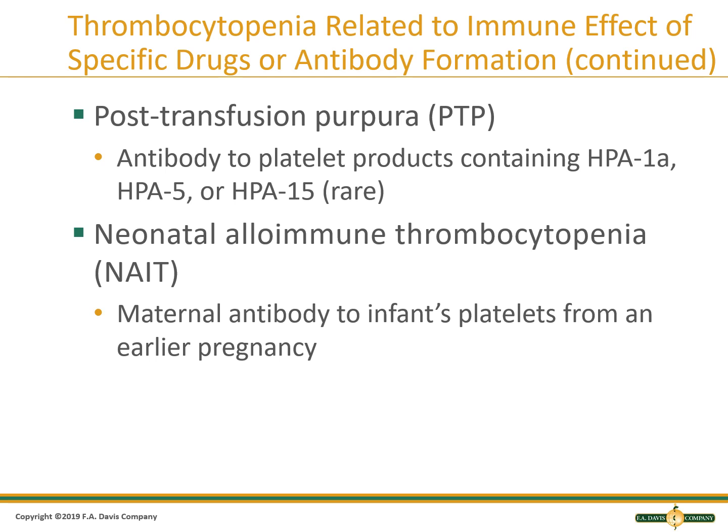You can have a post-transfusion purpura, or PTP, so an antibody to the platelet products containing HPA-1A, HPA-5, and HPA-15. There's also neonatal alloimmune thrombocytopenia, or NAIT, where there is maternal antibody to the infant's platelets from an earlier pregnancy.